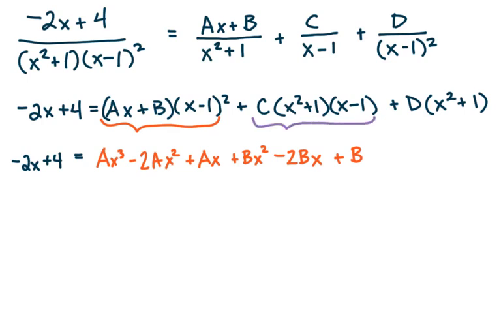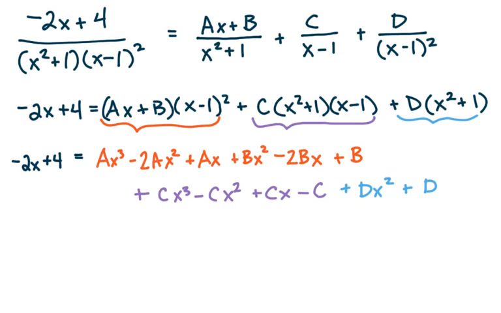The second piece, I'll then have plus Cx cubed minus Cx squared plus Cx minus C. And then my third piece, that's basic distribution. I have plus Dx squared plus D. You guys should have no problem multiplying and getting all of these terms. It is a little labor intensive, but it shouldn't be difficult per se.